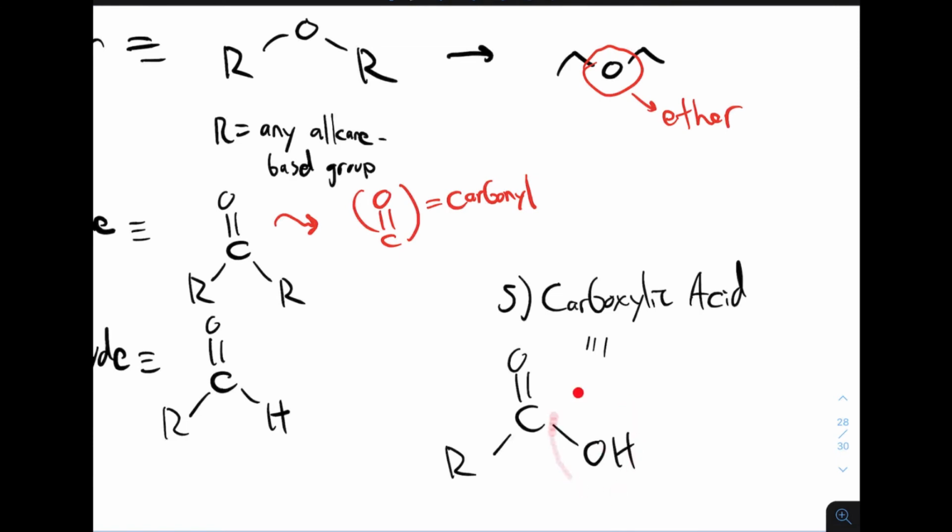It does have an OH group, but more importantly, it's attached to a carbonyl. So this sort of takes priority. We don't want to be naming things within things. Like we couldn't call this an alcohol and then call this whole thing a carboxylic acid. Carboxylic acid takes priority here. So anywhere you see this sort of functionality, we would call it a carboxylic acid. Okay.